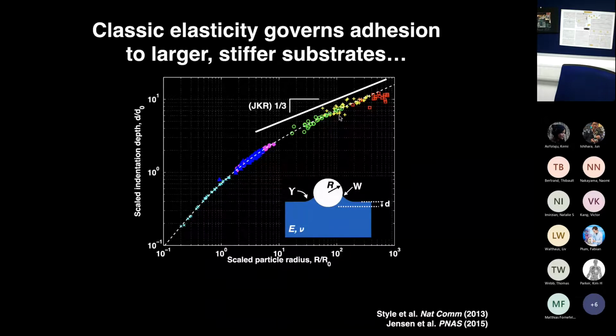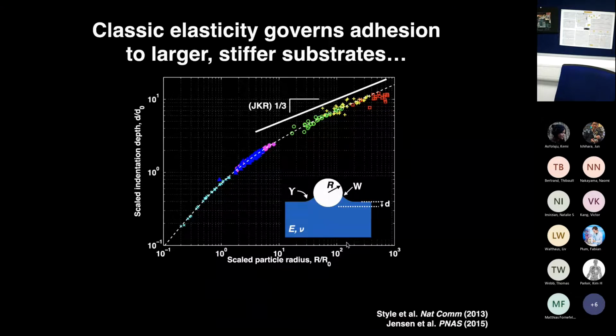Just to introduce you to this idea, up here on the right, we have larger and stiffer spheres. The red is the higher modulus, down to blue. The key disappeared, but this is about a 500 kilopascal modulus samples down to about 3 kilopascal modulus samples, so about 2 orders of magnitude in stiffness.